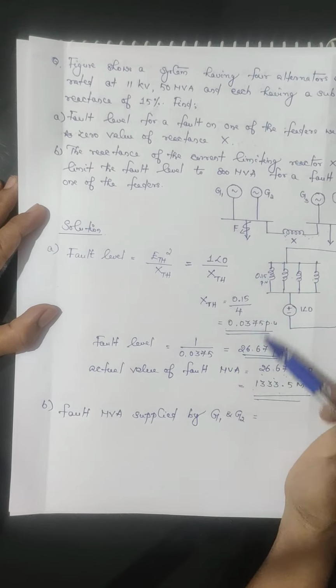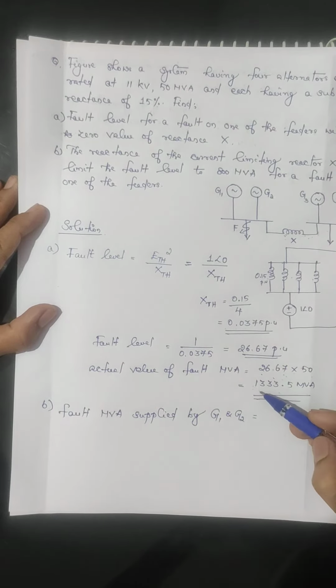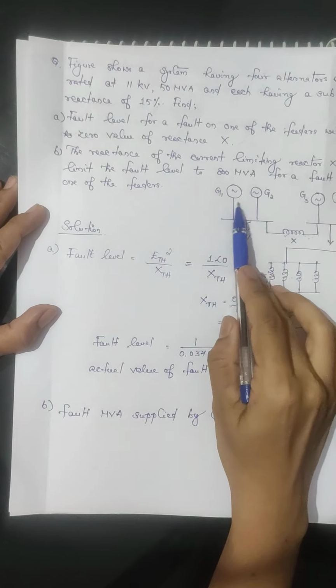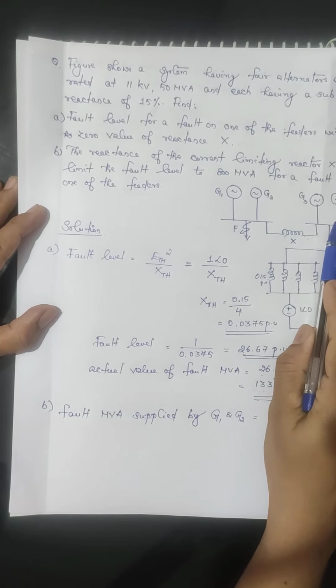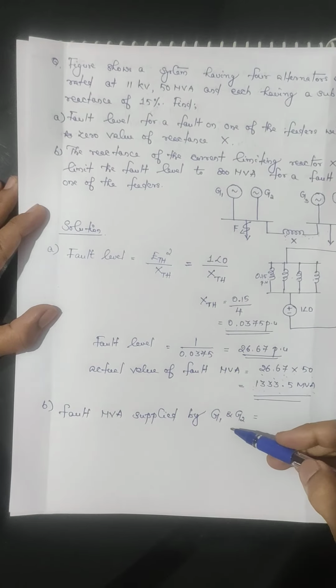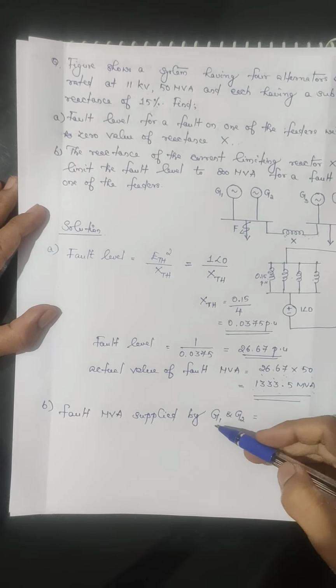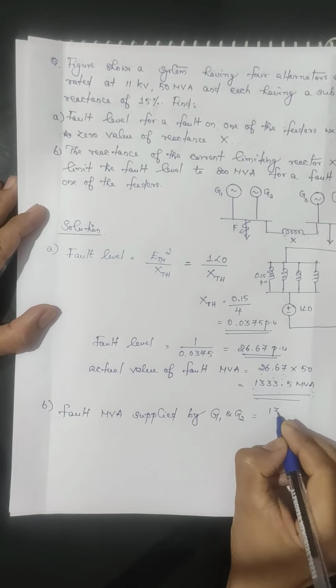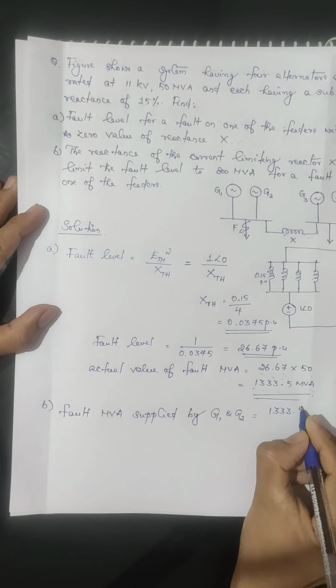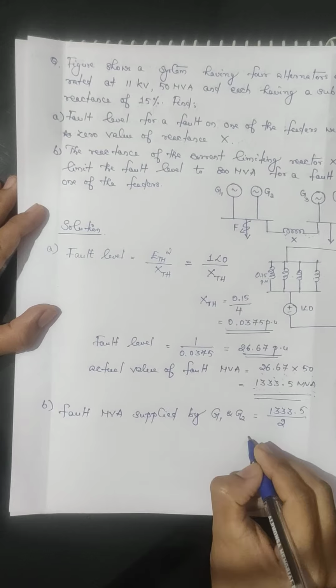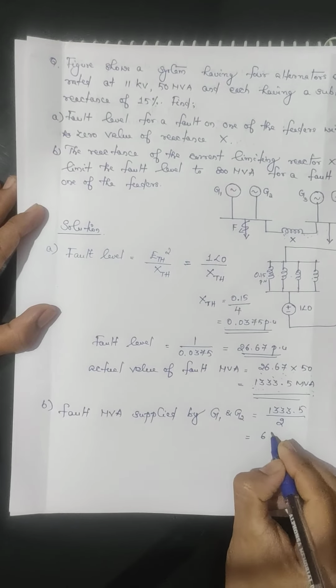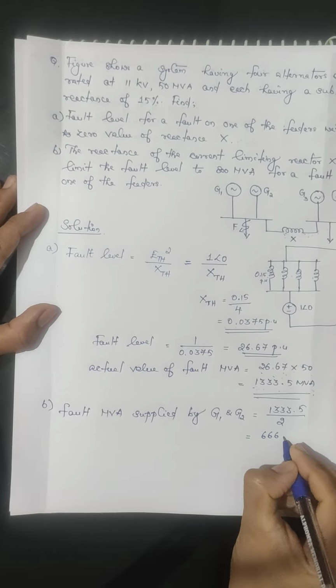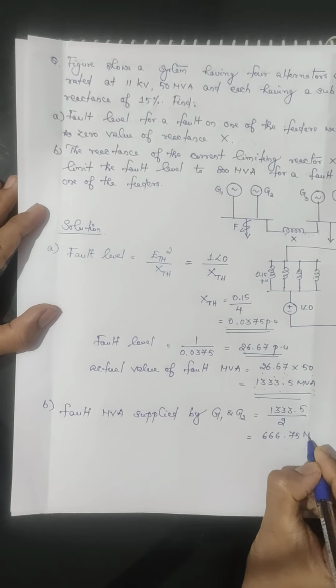So fault MVA supplied by generator G1 will be 1333.5 divided by 4. Each of the generators will supply the same value of fault MVA. So MVA supplied by G1 and G2 together will be half of this value. So that is 1333.5 divided by 2, and it will be equal to 666.75 MVA.